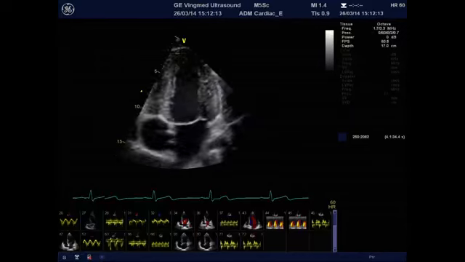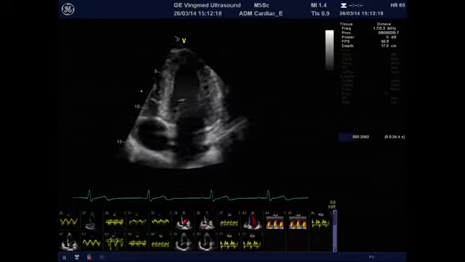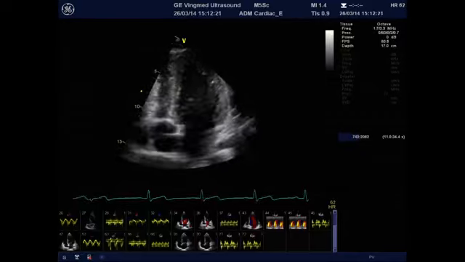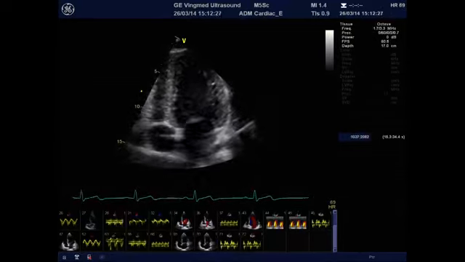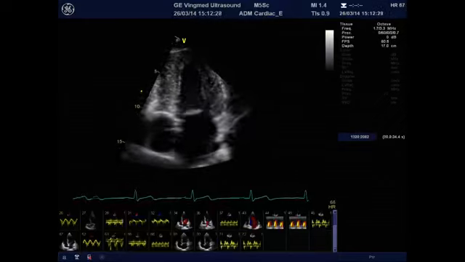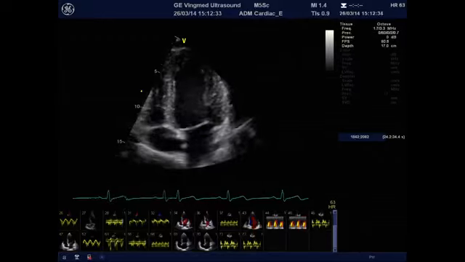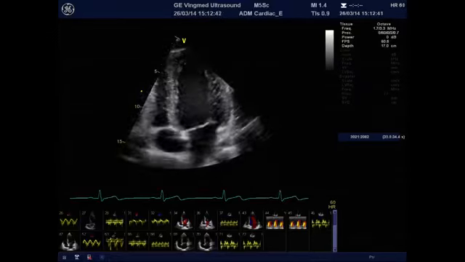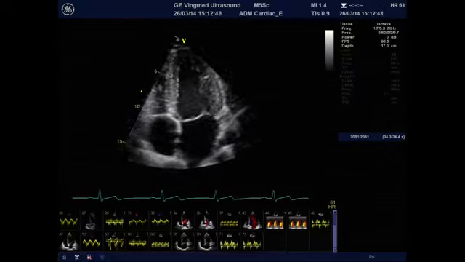The idea is that instead of looking at a single location by placing a sample volume between the mitral leaflet tips and trying to derive from that single information global information about diastolic function, we can try to assess the propagation of blood all the way from the annulus of the mitral valve towards the apex, because the way it propagates, the speed of this, the velocity of this flow wave, again will relate with the relaxation of the ventricle.